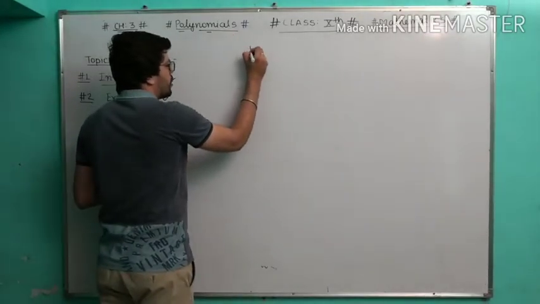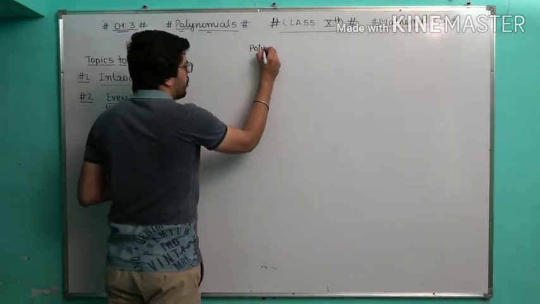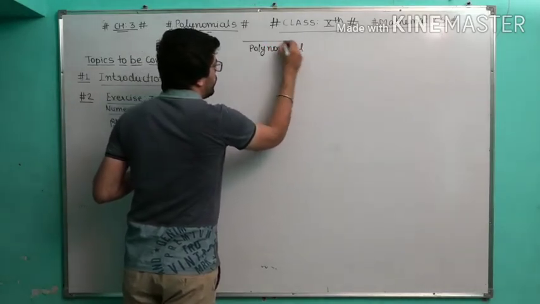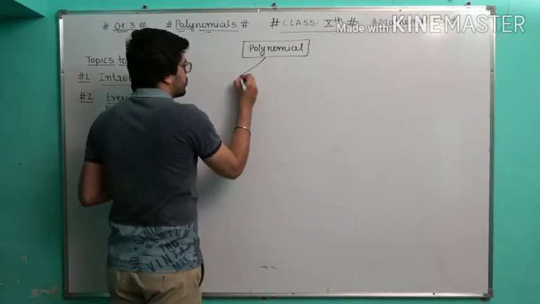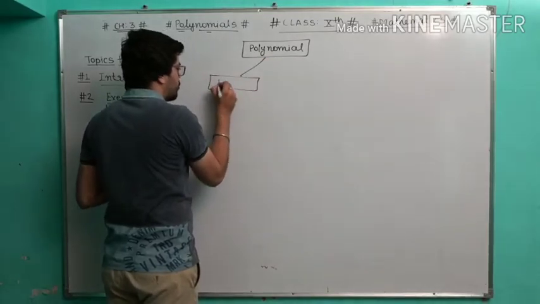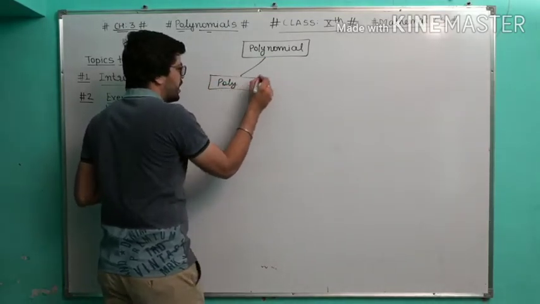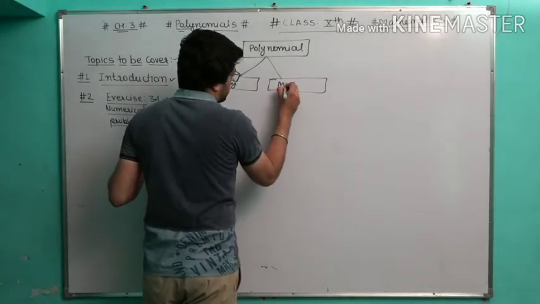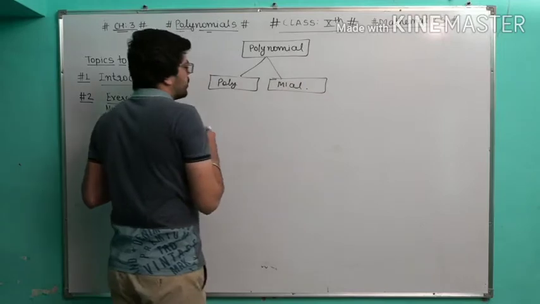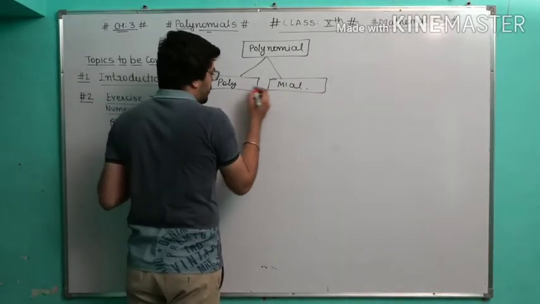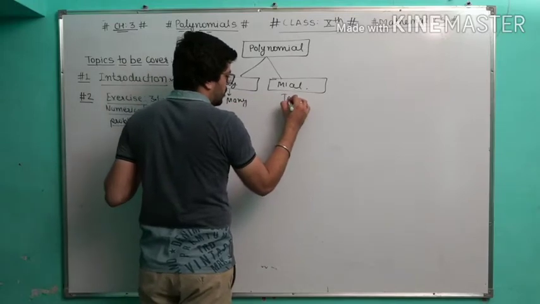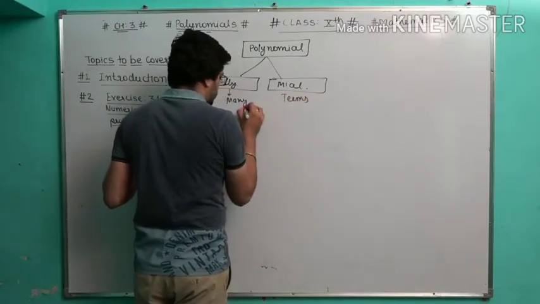First we are going to talk about what we mean by polynomial. There are two terms here: poly and another word, mial. So what do we mean by this? It is called many terms.